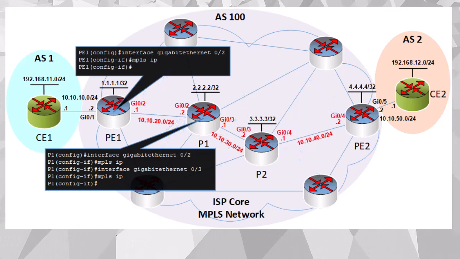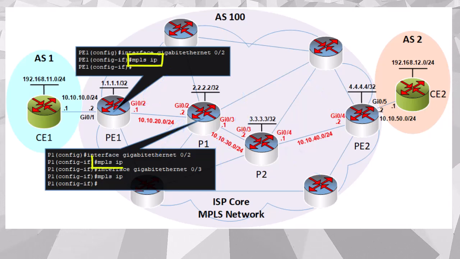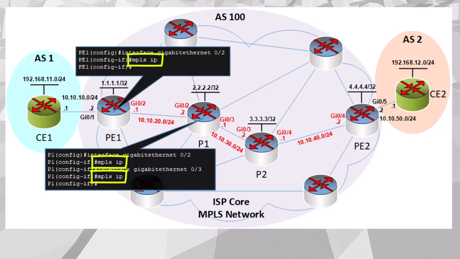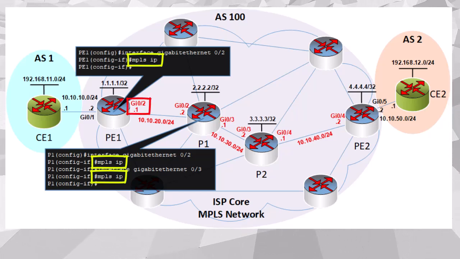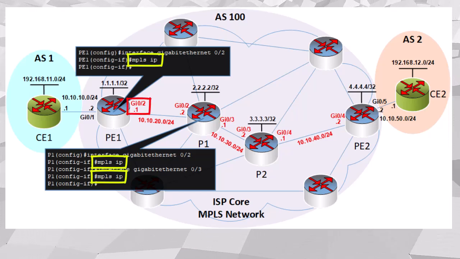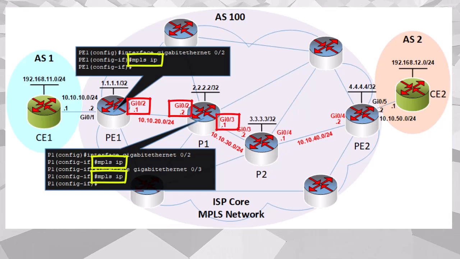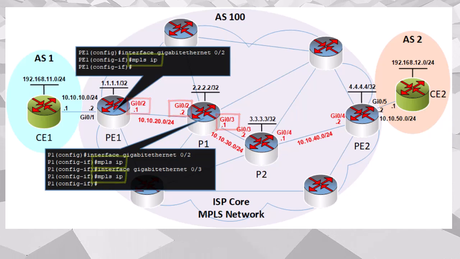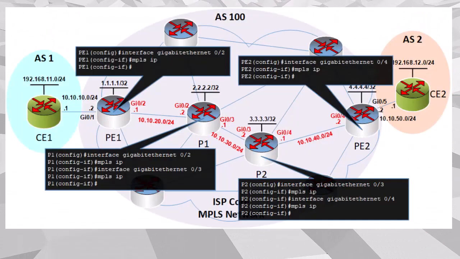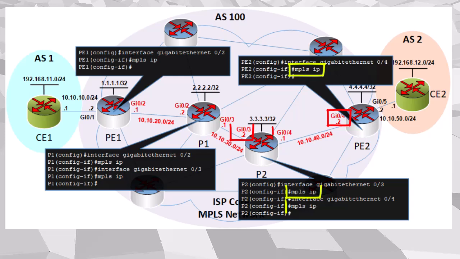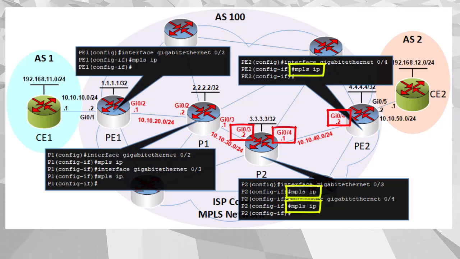Here you can see that we have enabled MPLS using the MPLS IP command on the gigabit 02 interface of PE1 and also on the gigabit Ethernet 02 and 03 interfaces of the P1 router. The same is done on the P2 and the PE2 routers like so.